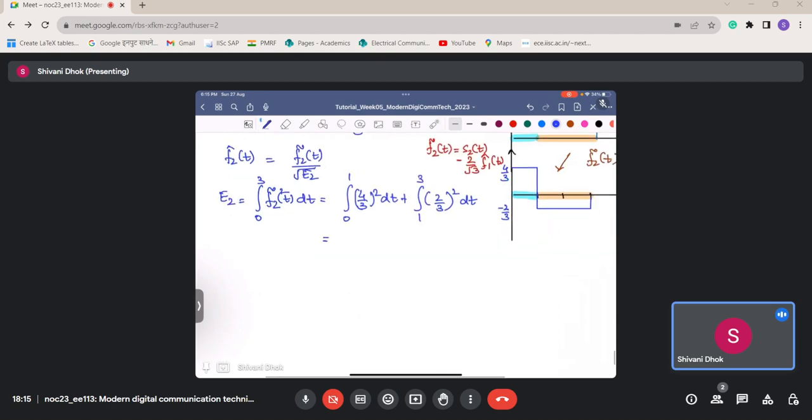So this comes out to be 4 by 3 square plus 2 by 3 square into 2, and this comes out to be 8 by 3.